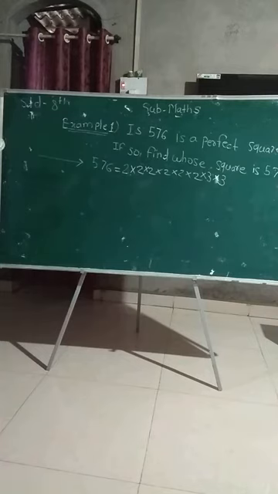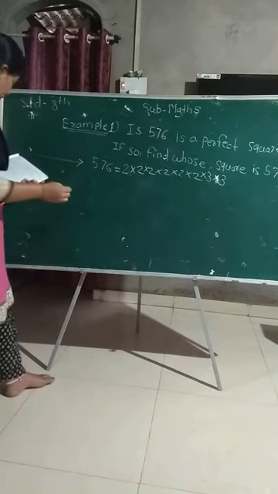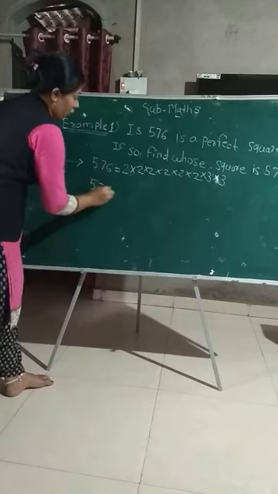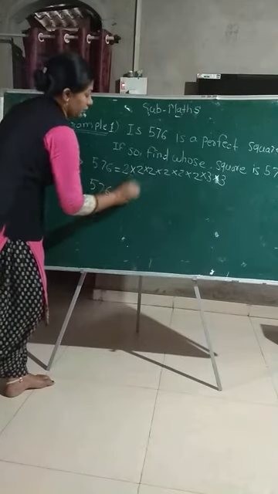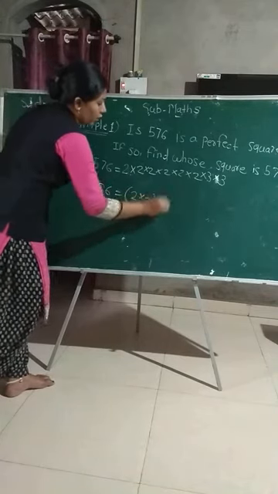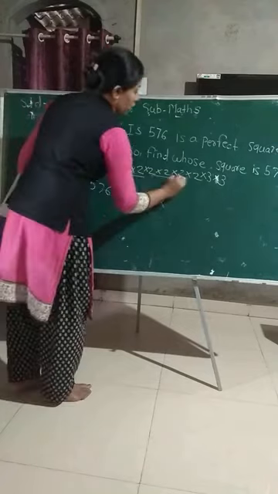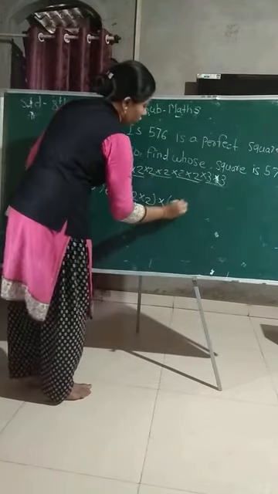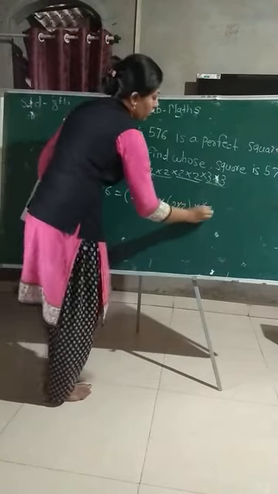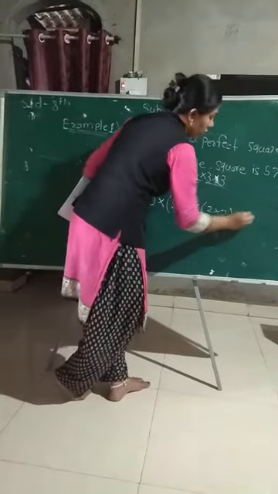Now make groups of pairs of equal prime factors. Therefore we write in the form of groups of pairs: 2 into 2 into 2 into 2 into 2 into 2 into 3 into 3.